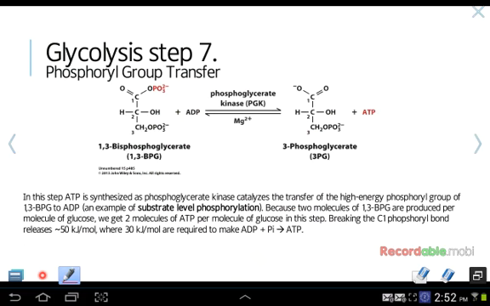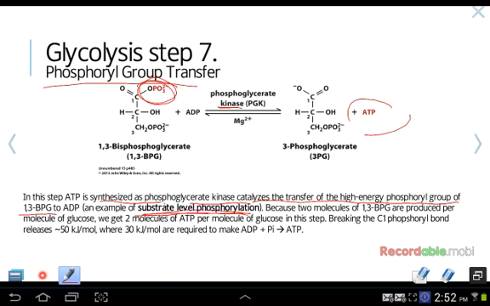In step 7, we have a phosphoryl group transfer. So we're going to produce our first molecule of ATP. In this step, ATP is synthesized by phosphoglycerate kinase. This enzyme catalyzes the transfer of the high-energy phosphoryl group of 1,3-BPG, which is this group here on C1, to ADP. So this is a great example of substrate-level phosphorylation.